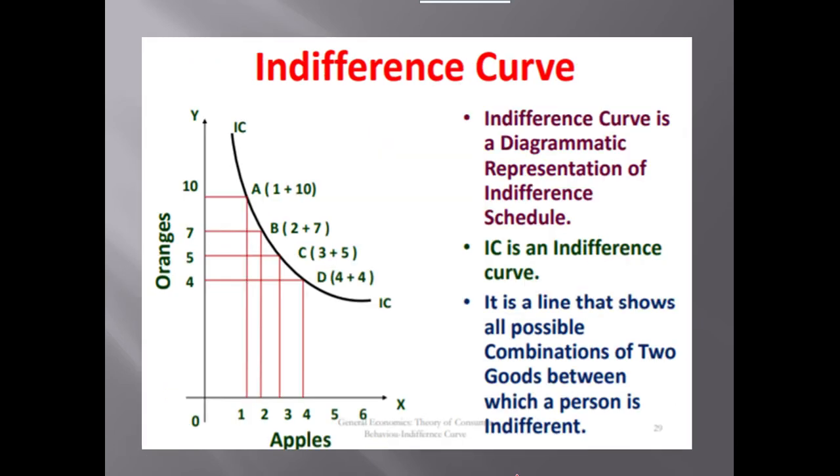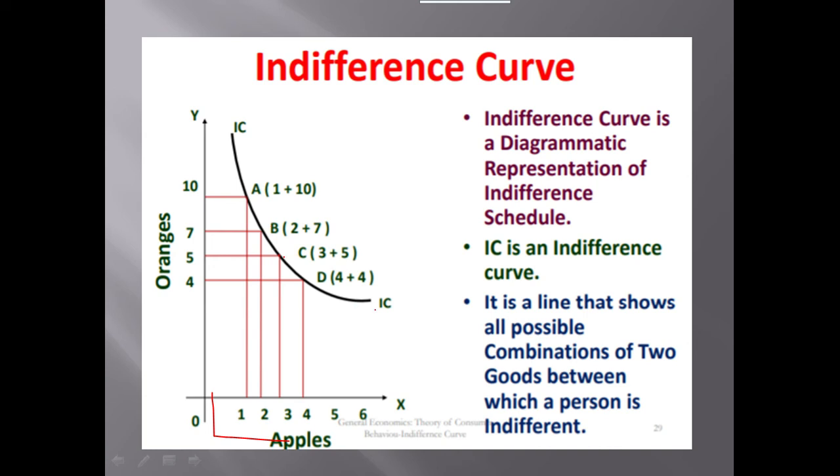Indifference curve is a graphical representation of the indifference schedule. This is the graphical representation. On the x-axis we have apples, on the y-axis we have oranges. A, B, C, D are the different combinations along the indifference curve.